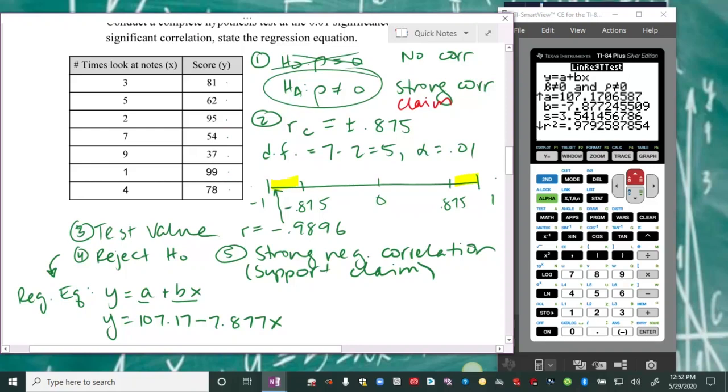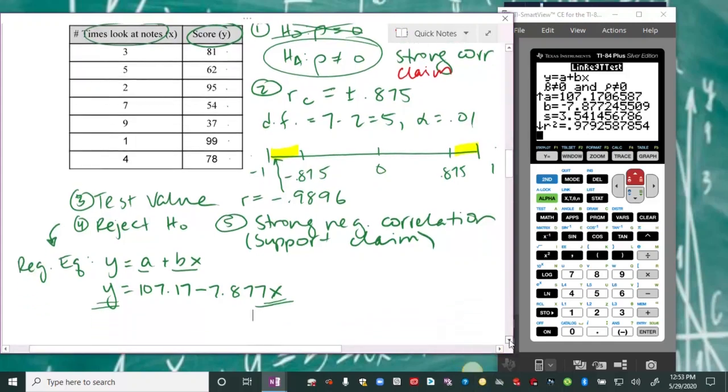If I were to write this in terms of my variables, y is the score, and x is the number of times you looked at your notes. So we could say that our score is equal to 107.17 minus 7.877 multiplied by the times you looked at your notes.